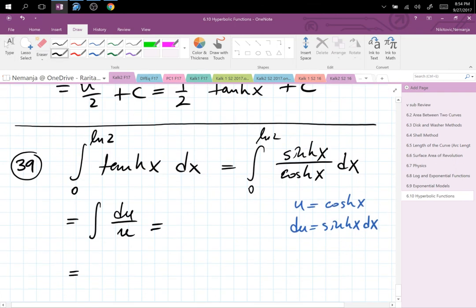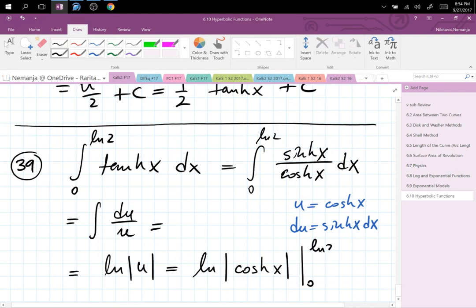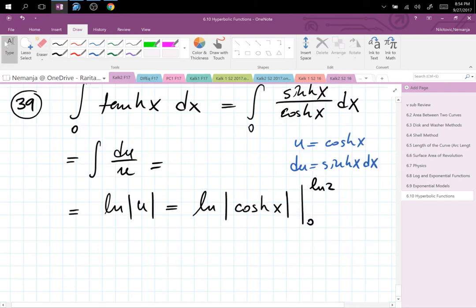Note that I'm not putting limits because we have to go back into original variables. So we get ln of cosine hyperbolic x over here, and the limits are 0 to ln 2. Now we need to compute this monstrosity and we're done.